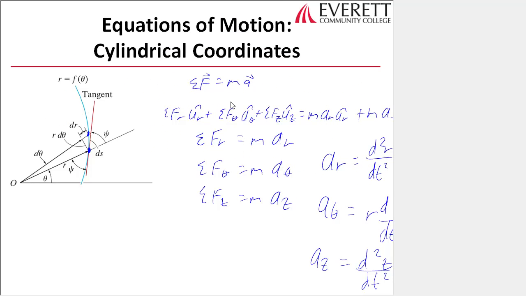The particle is going to start at the red dot, and a certain amount of time later, it's at the green dot. And we have a ds. ds is the arc length. How far did this thing actually travel? And we have a d theta, which is the change in theta for the rotation of r. We're going to use our arc length equation just like we have so many other times.